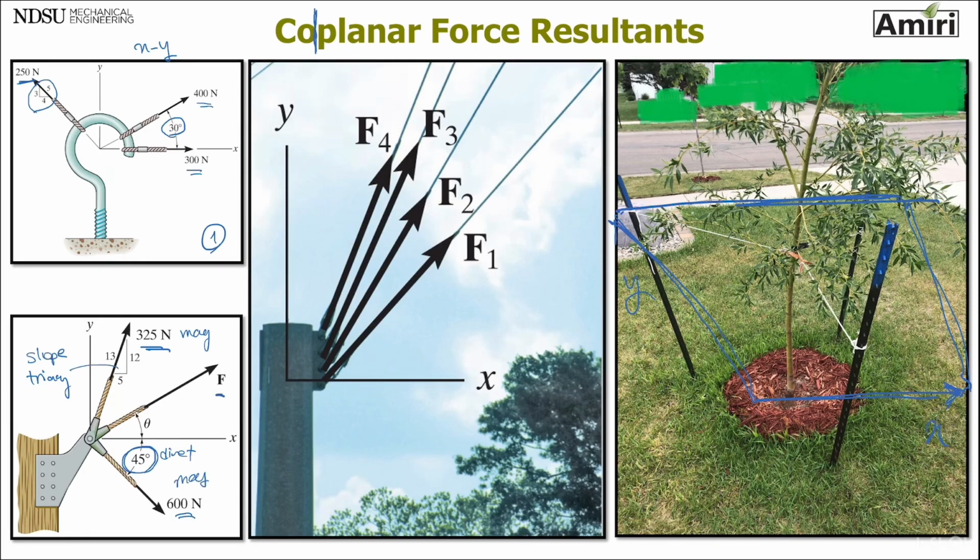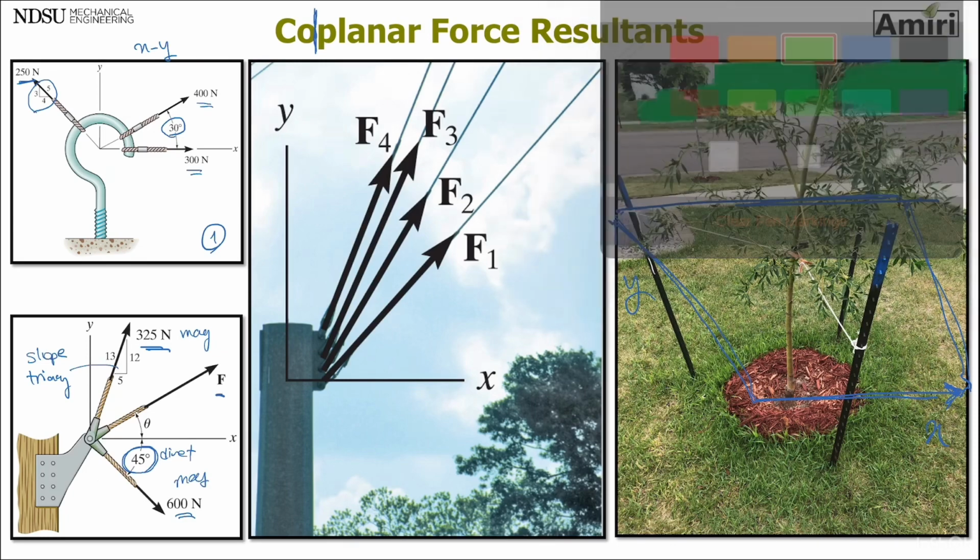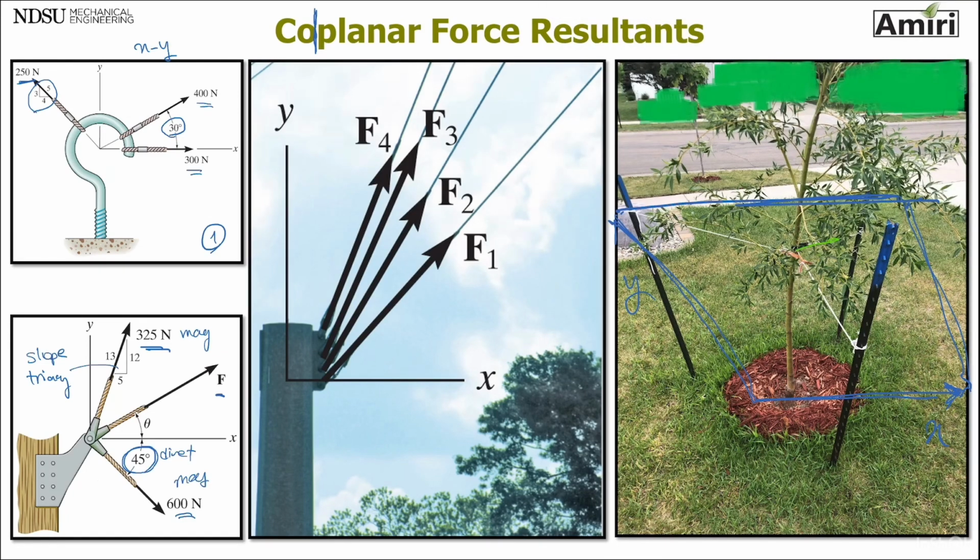These 3 forces that you are seeing, let me change the colors. There is one here, a second one here, a third one here, pulling this tree in 3 different directions. These all lie in a flat plane, and that's called coplanar forces.